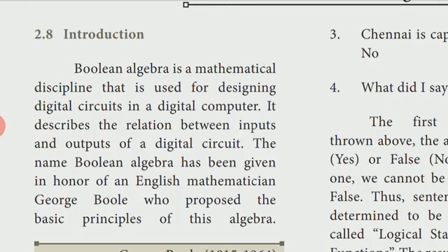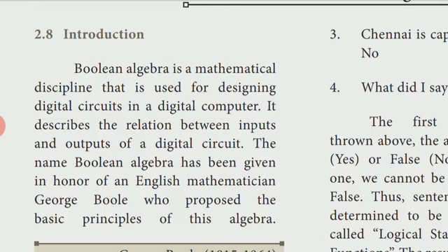He is the father of Boolean algebra and he was born in 1815. His period is 1815 to 1864.